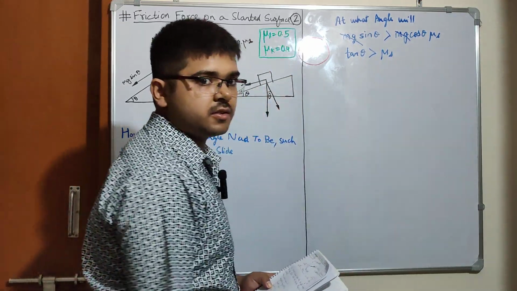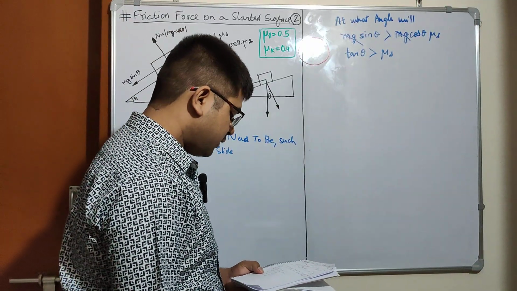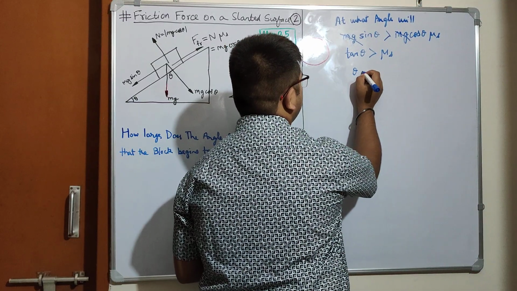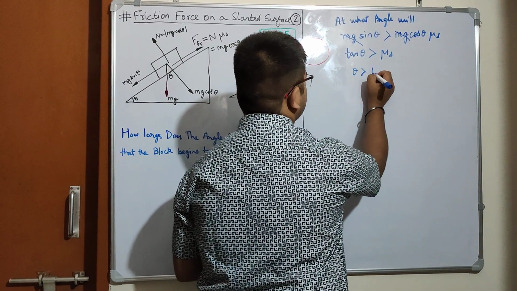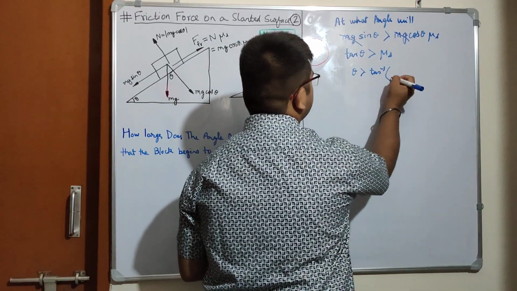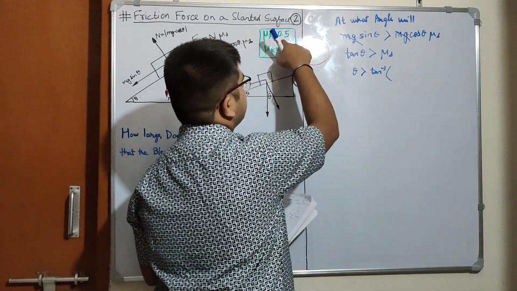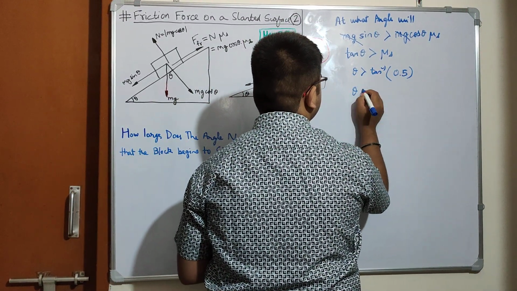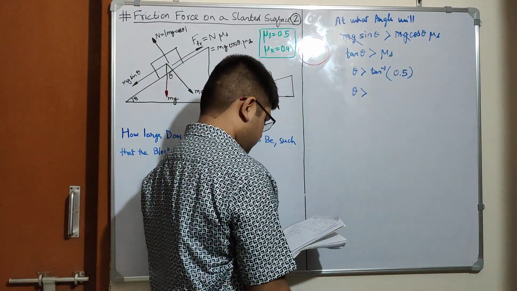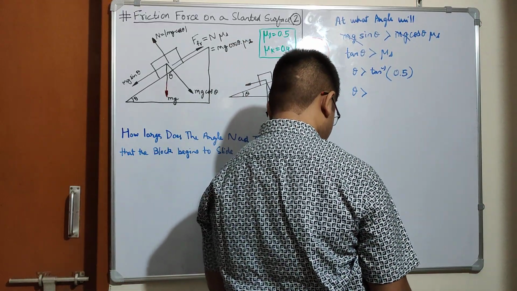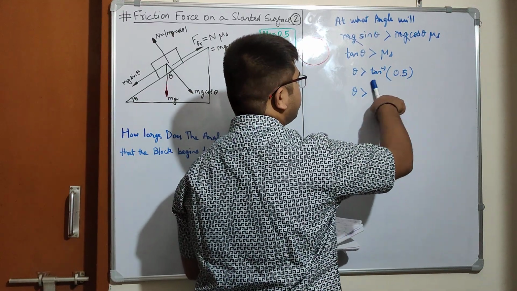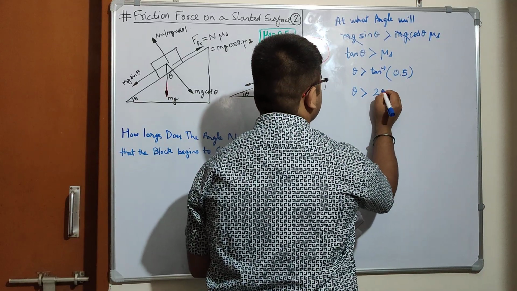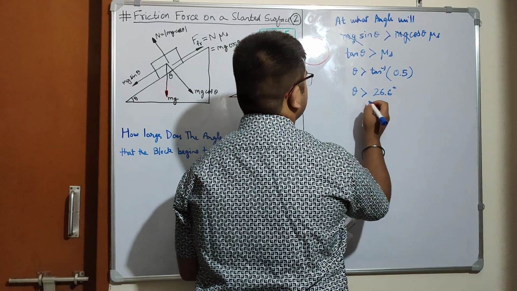So is that the case? Theta will be greater than tan inverse of mu_s, which we are given as 0.5. If we calculate this value, it will come as 26.6 degrees.